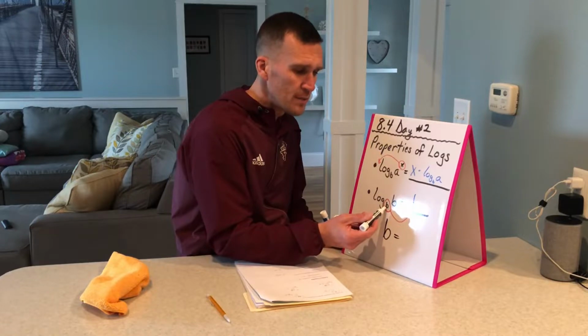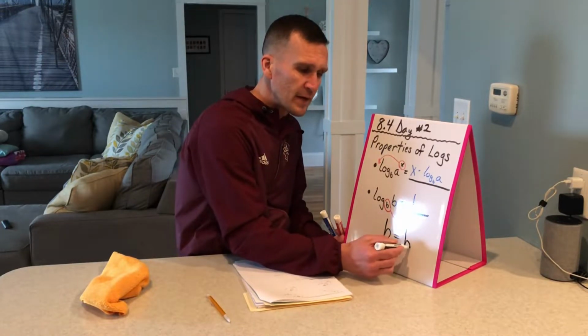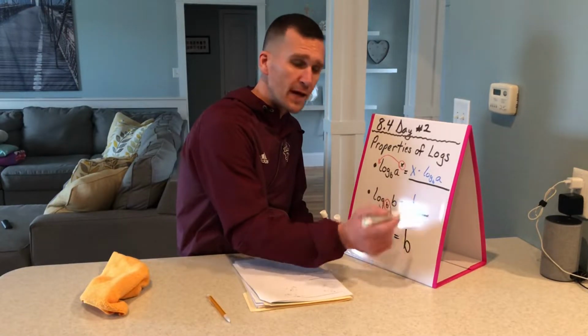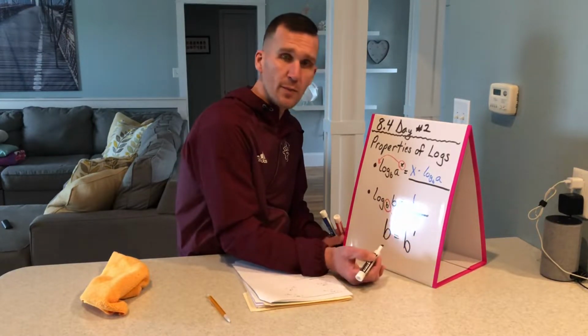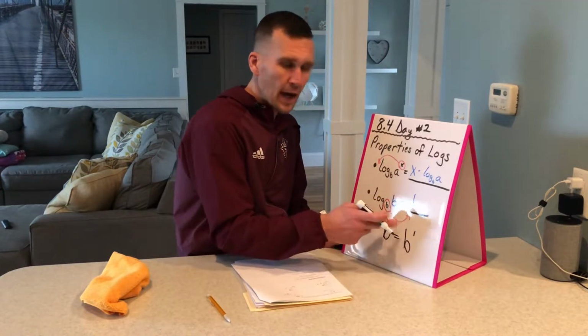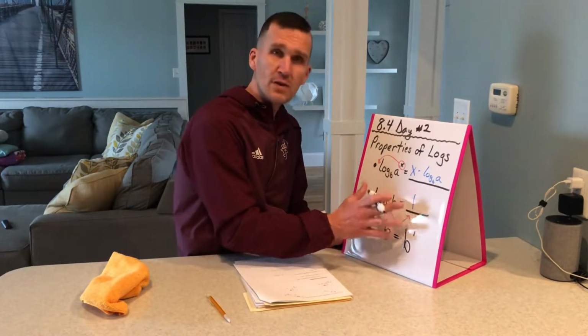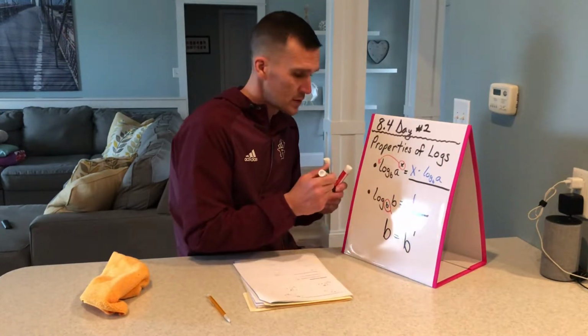So b was the base of the log. When you move it over, b is the base of an exponent problem, and the right side is its exponent or power. And b equals b to the first is true. I won't show you this in every single problem, but that is the reason why the rule is true.